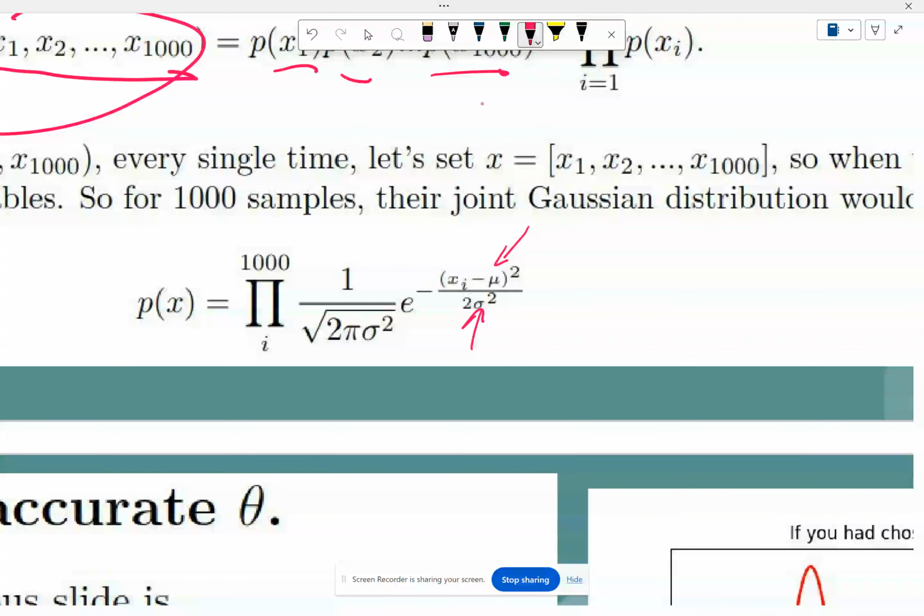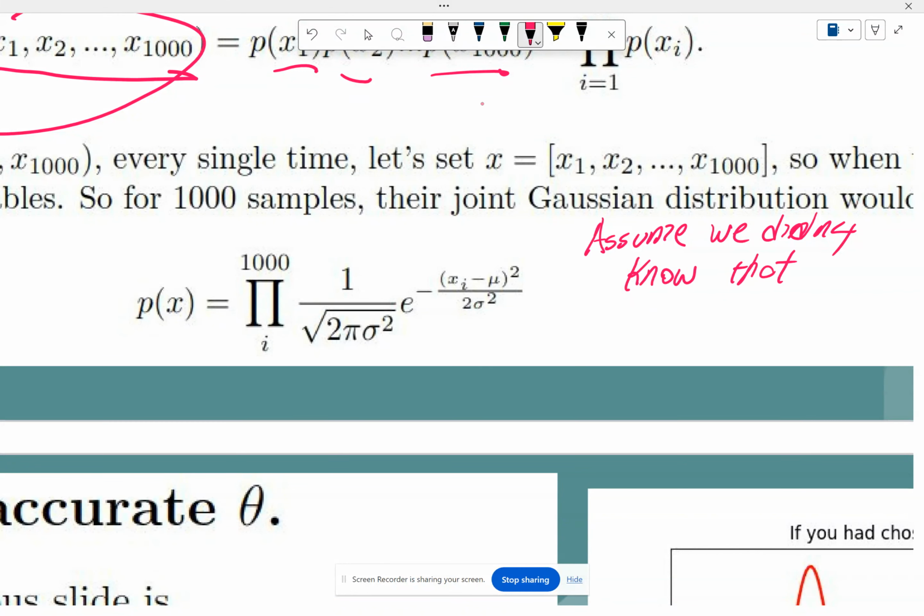So you could calculate the mean and the standard deviation and plug it in. However, in this particular example, we're going to assume that we didn't know that. Like I told you in the beginning of the class, there are many, many functions where the parameters are not the mean.